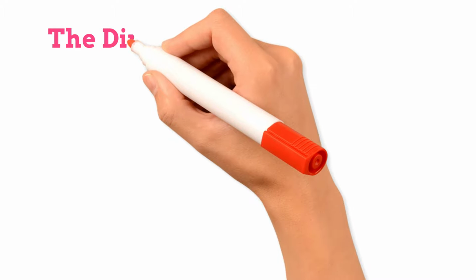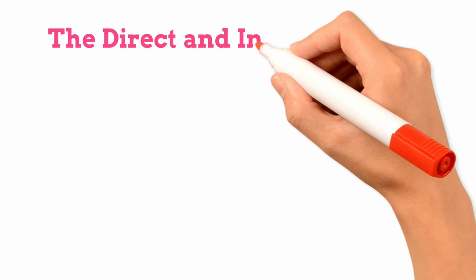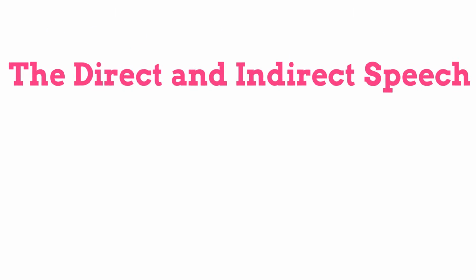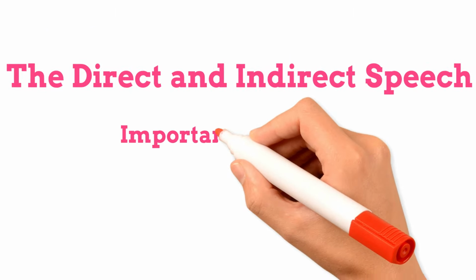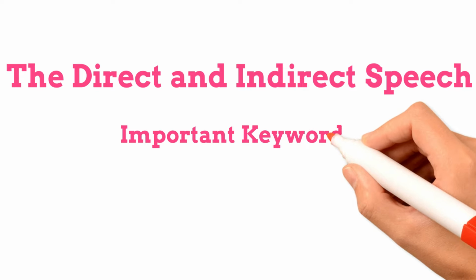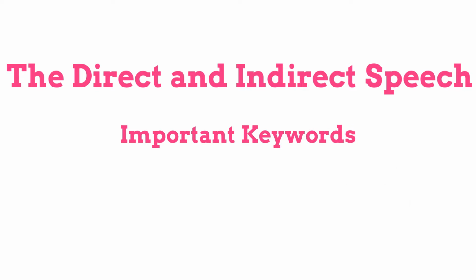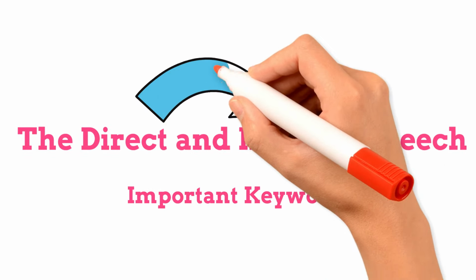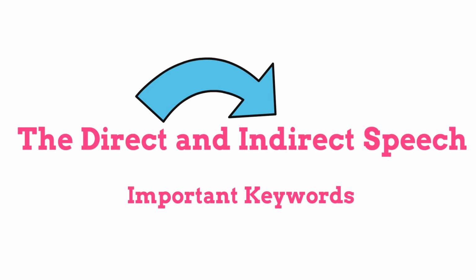Dear students, during the process of understanding the rules for changing from direct to indirect speech, you will come across some important keywords, important terms you need to know so that you can convert any direct speech into indirect speech easily and without any hassle.